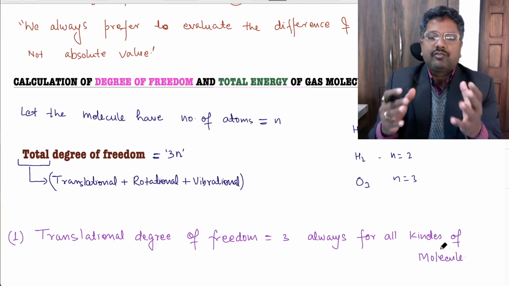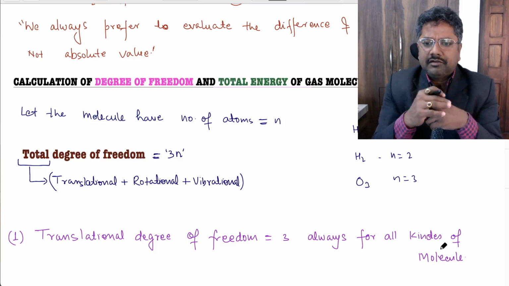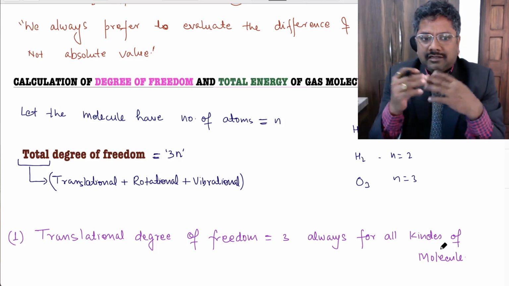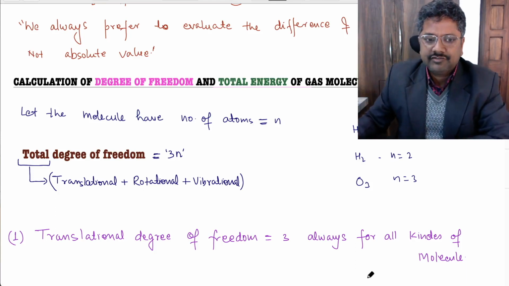Means whether it is monoatomic, diatomic, triatomic, polyatomic, whatsoever the molecule, the translational degree of freedom is always equal to 3, right?